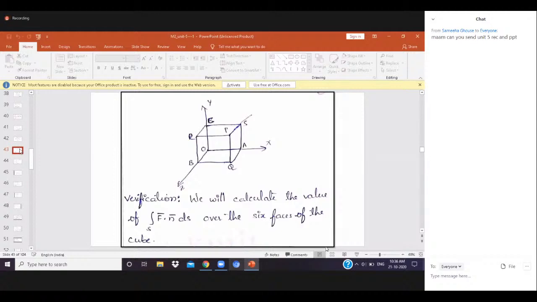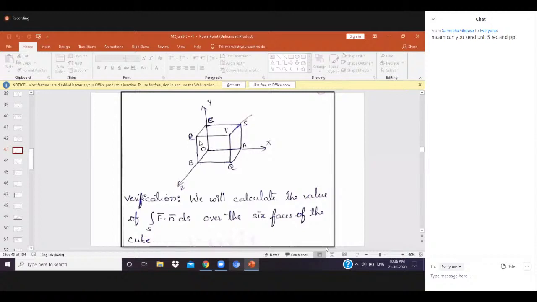Here x equals a, and the unit outward drawn normal n bar is equal to i bar. Then the limits are dy dz, with y from 0 to a and z from 0 to a. Integrating, we get the value here. Similarly the opposite face is OCRB.